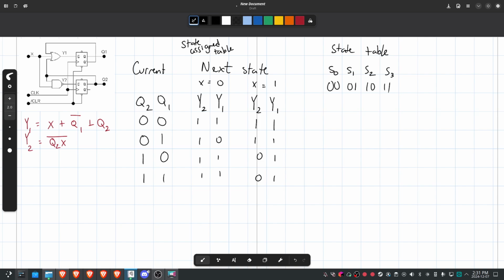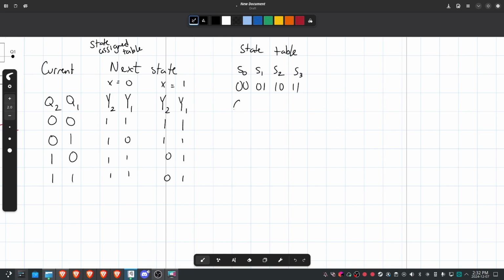So you end up with actually the exact same table as state assigned table. Just instead of writing it in binary, you write using these states. So let's do that. We have the current, next, this is Q2, Q1, Y2. Oh, sorry. X is equal 0.